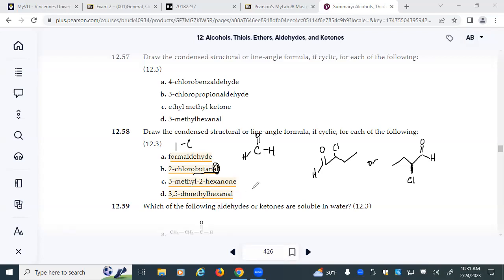For 3-methyl-2-hexanone, we are going to have to recognize one means ketone. So I'm going to have a carbon double bonded to oxygen. The 2 tells me the position that that's going to be in. And hexane tells me it's a 6-carbon deal. So I've got 2, 3, 4, 5, 6. 6 carbons as my chain. The double bond, the carbonyl, is going to be in the 2nd position, right there.